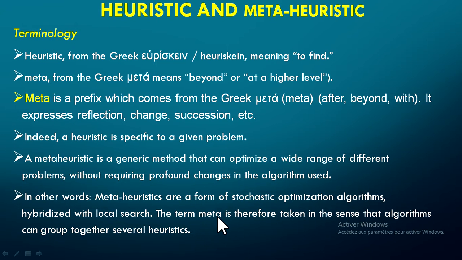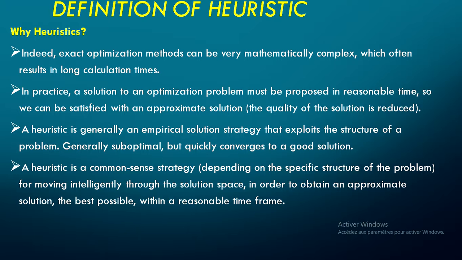The term meta is therefore taken in the sense that algorithms can group together several heuristics. So, why use heuristic methods? Indeed, exact optimization methods can be very mathematically complex, which often results in long calculation times. So, the complexity is NP-hard.